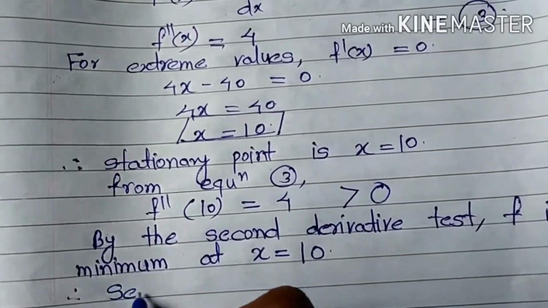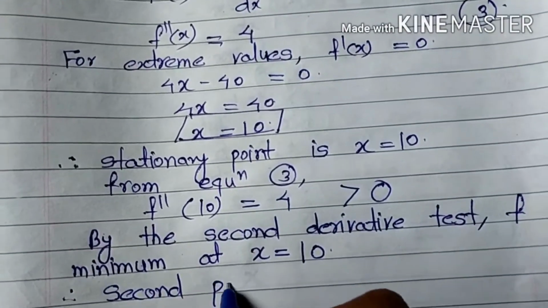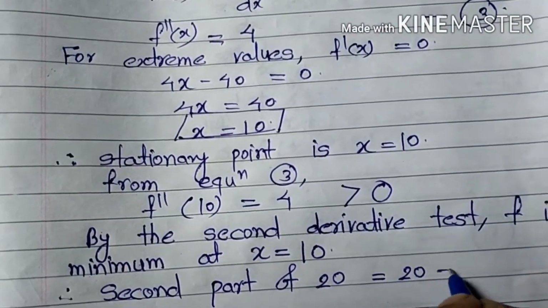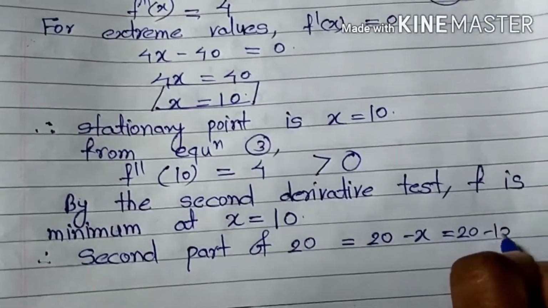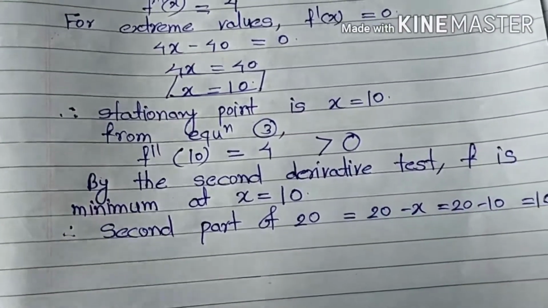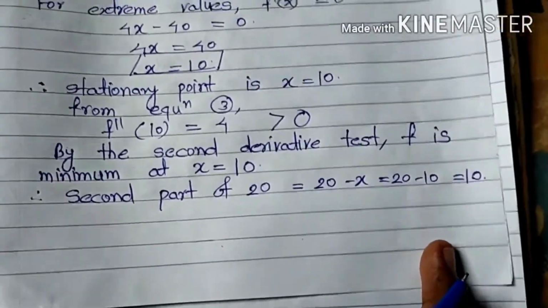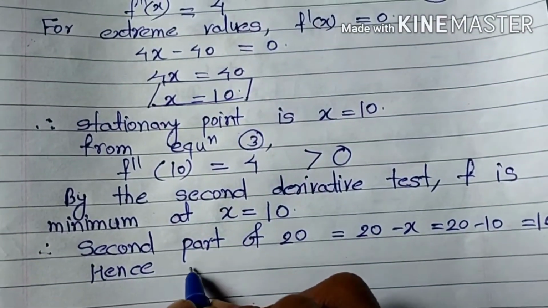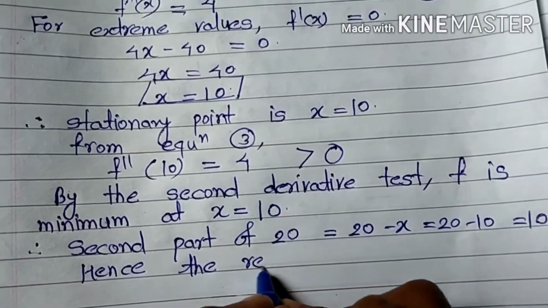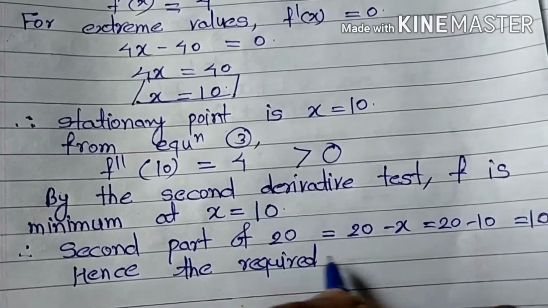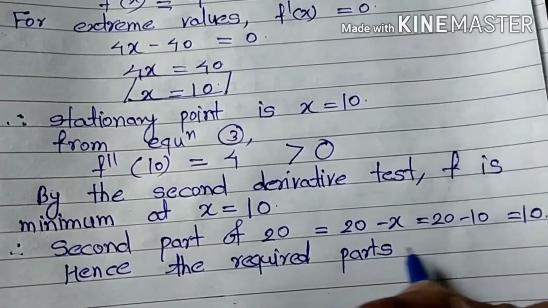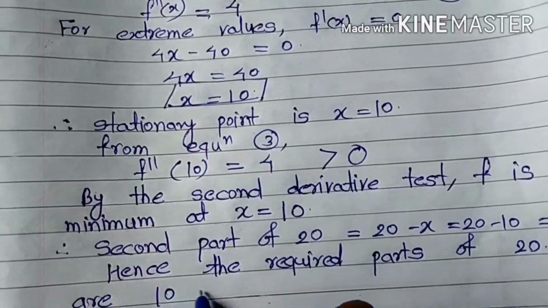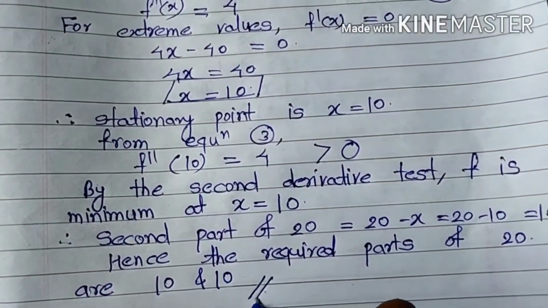Therefore, second part of 20 is equal to 20 minus x, which is equal to 20 minus 10, which is 10. Means first part is 10 and second part is also 10. Hence, the required parts of 20 are 10 and 10. Hence true.